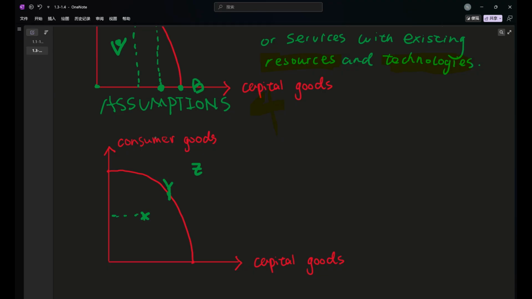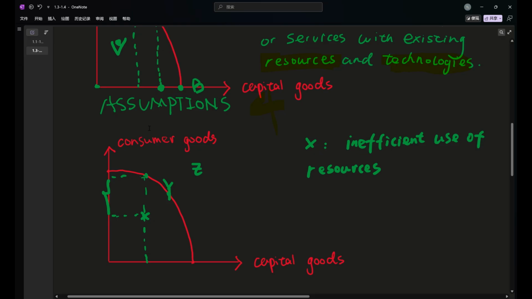So in the curve, let's say point X, it actually means inefficient use of resources. Because we are not fully using all the things we can use. The maximum is on the curve. We can actually move X to here, and we increase this amount of consumer goods. We can do that, but due to some reason, we cannot do that.